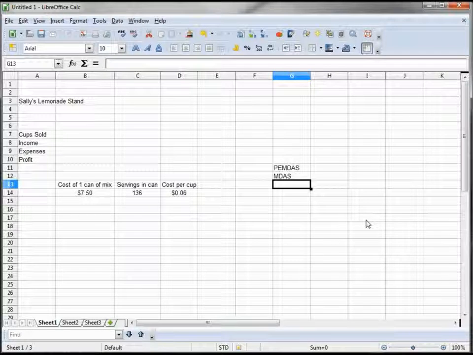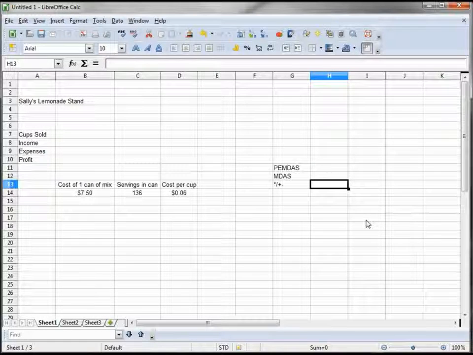The division sign might look a little foreign to you, and in the multiplication, so it's multiply, divide, add, and subtract. Those are the signs that we'll use. To give you an example of what we mean by multiply, divide, left to right, let's give an example.